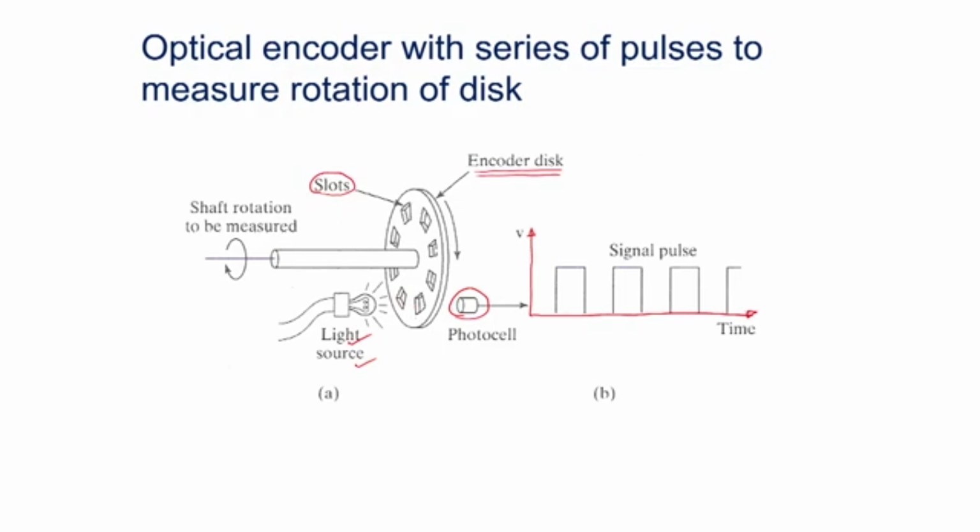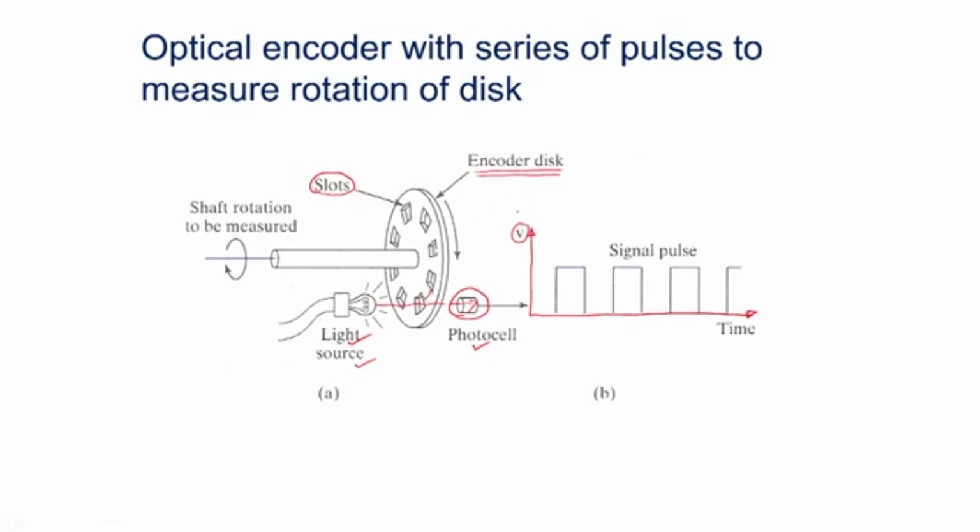The higher voltage we get when there is a passage of light through the slots or the perforation, and when no light is passed, then we get no energy, no voltage. So, by reading the number of pulses per unit time, we can easily compute the rotation speed of the disc.